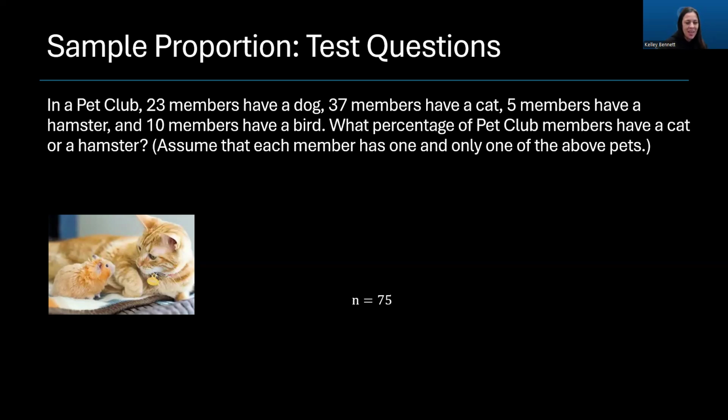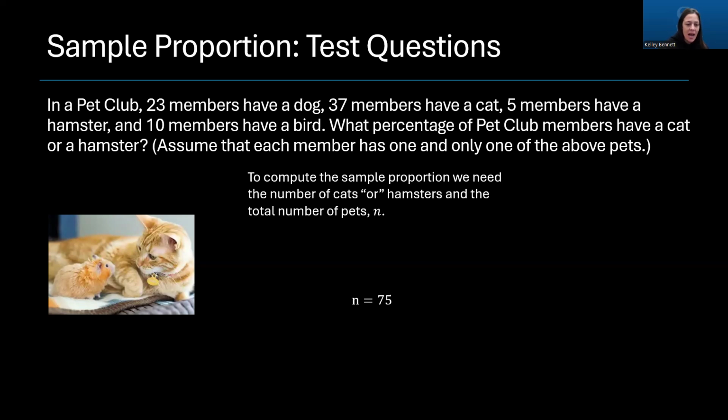It's very thoughtful. All right, so to compute the sample proportion, we need the number of cats or hamsters. So remember that or really means addition for us. And then we also need the total number of pets, which has just been chilling out on the screen the whole time. So proportion is part divided by total. Cats or hamsters, we're just going to add cats with hamsters.